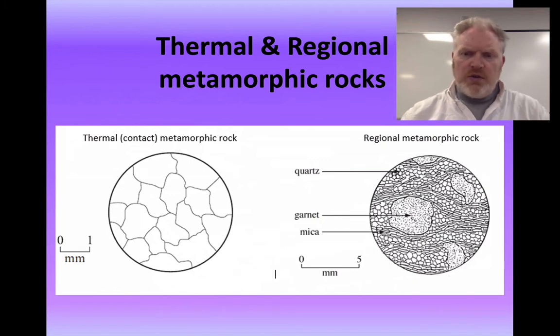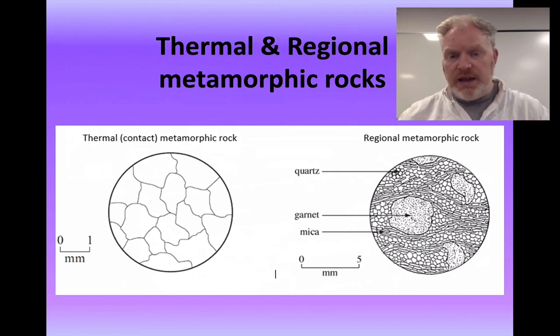We can also see, though, that new crystals have grown in this particular rock, like garnet, for example. Garnet is an exclusively metamorphic mineral. It only forms in metamorphic conditions. So we know that this rock has been subject to high heat and high pressure.